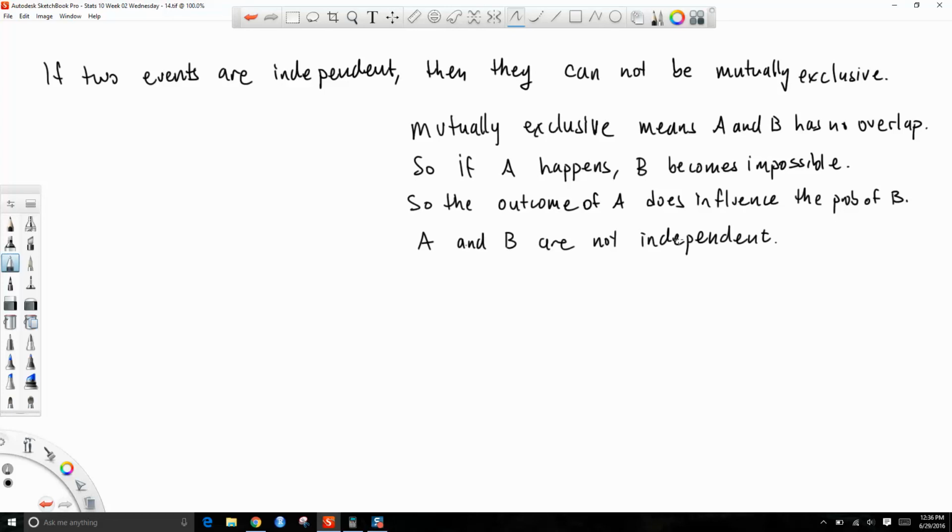Now if somebody says, I just drew a heart, what's the probability that the card is an ace? It's still 1 out of 13. So drawing an ace is independent of whether or not the card is a heart. Knowing that the card is a heart doesn't change the probability that the card is an ace.